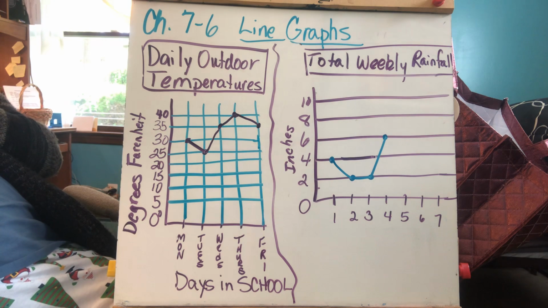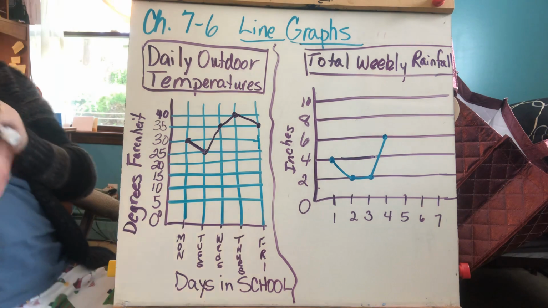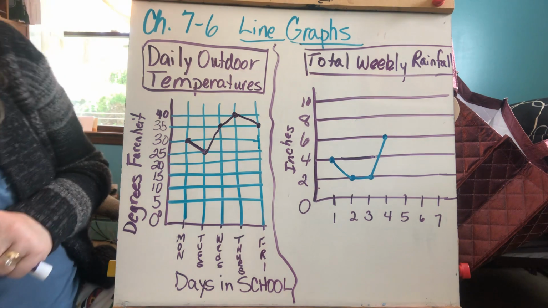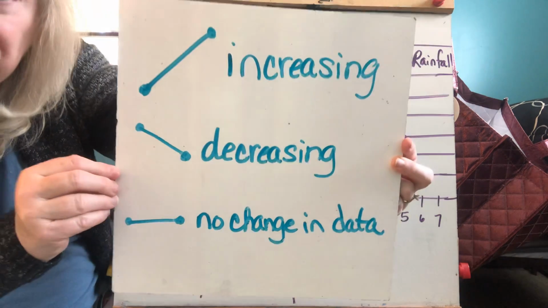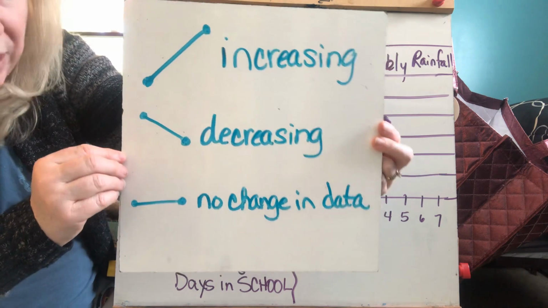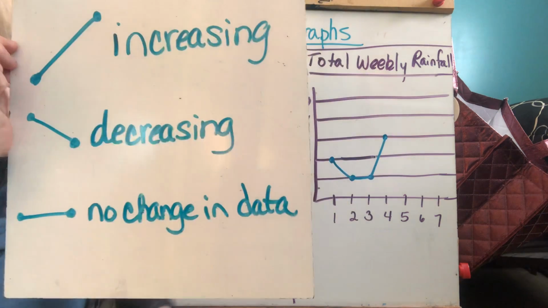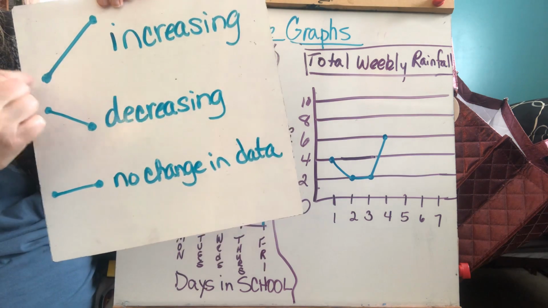Okay, so what if they wanted to find out, did the temperature increase or decrease from Monday to Tuesday? Well, here's some important information that you should also put in your notebook. So you should pause the video and put this in your notebook. What I did was I drew a line segment that goes from left to right.